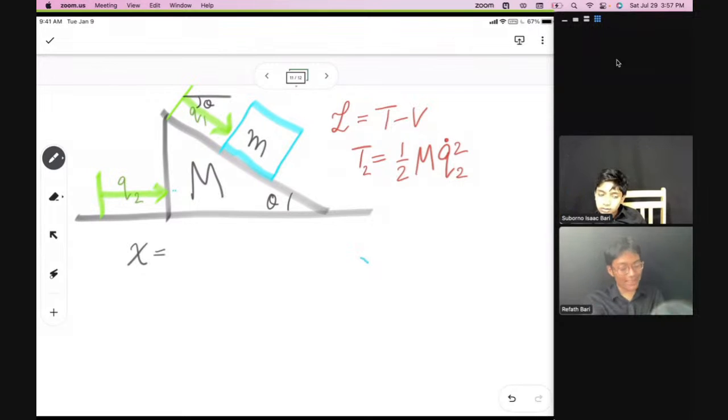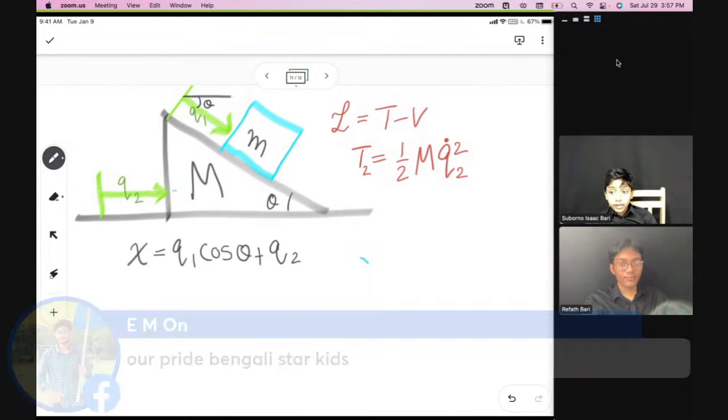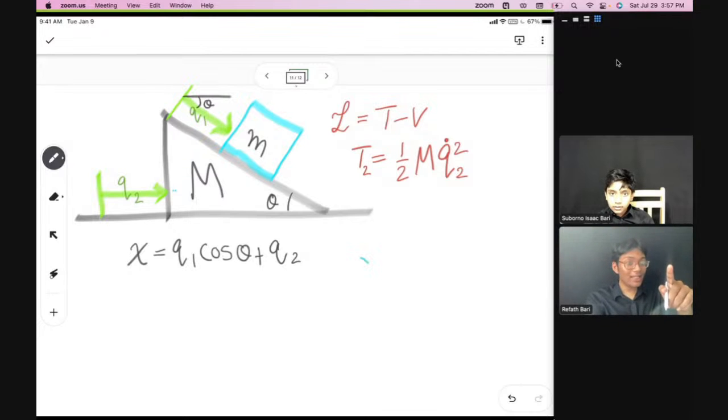So the x-coordinate of our block is going to be Q1 cosine theta plus the displacement of the inclined plane, Q2. Would you agree? Yeah, I would. Interesting, right? What about y? Wait, that describes the x displacement of the block, no?